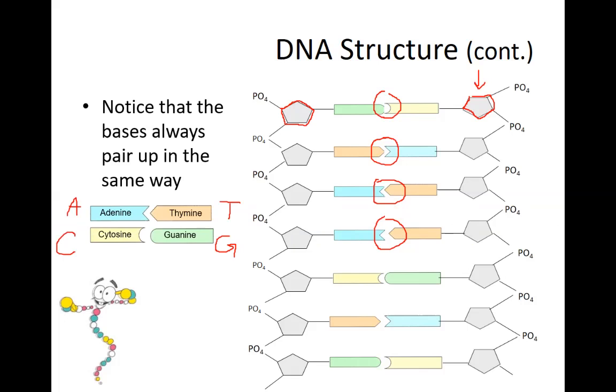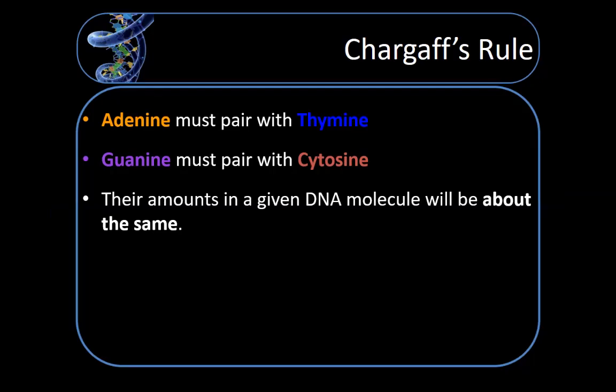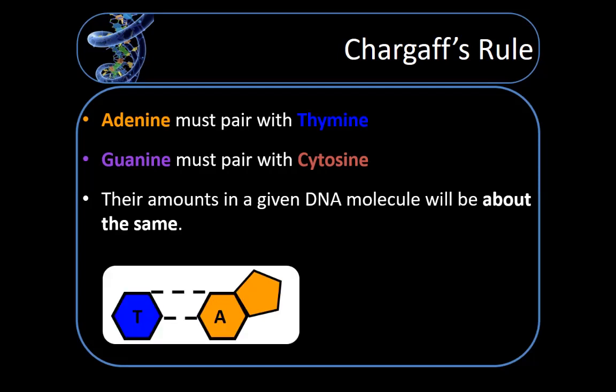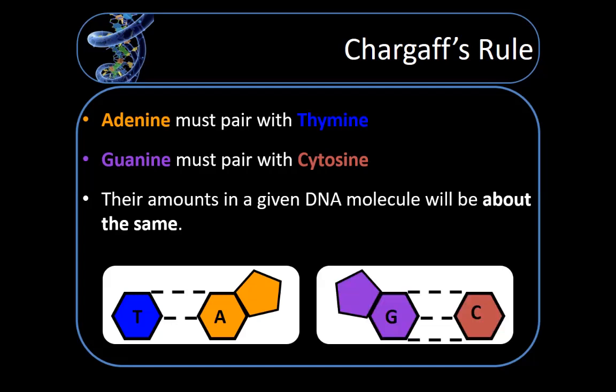Okay? All right. Now, when we start looking at these pairs, there are reasons why they have to pair with each other. Now, in our little model here, we were just showing you that the shapes match. And shape is important, don't get me wrong. But if I were to show you adenine with thymine and cytosine with guanine in these particular examples, do you notice anything else that's holding them together? Hopefully, you are recognizing that right here we have 1, 2 bonds, versus here we've got 1, 2, 3 bonds.